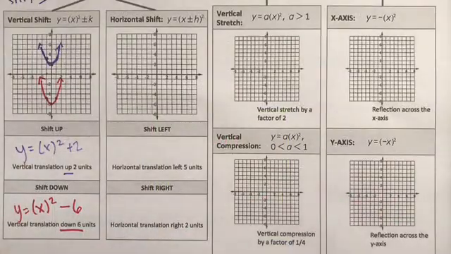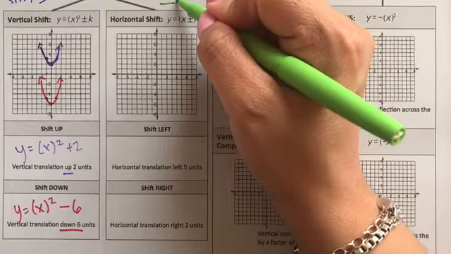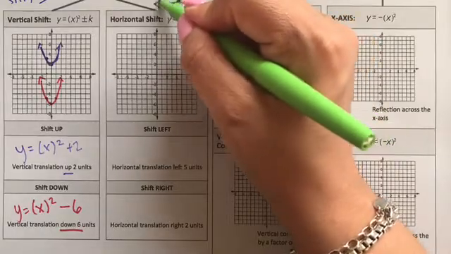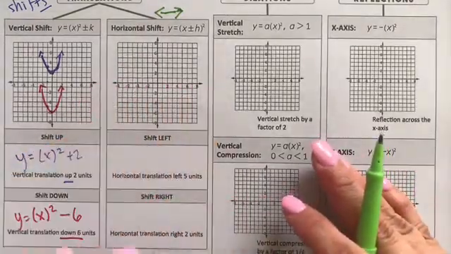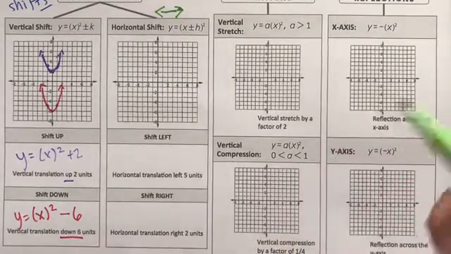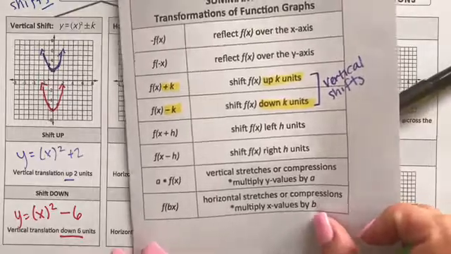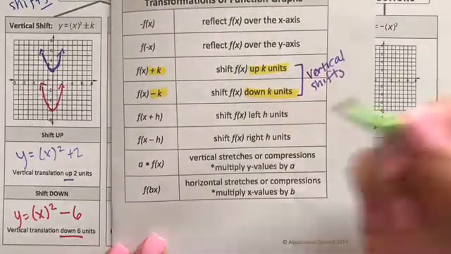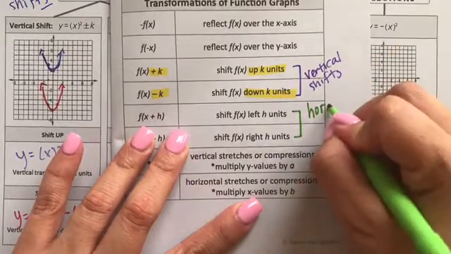Now let's go ahead and look at a horizontal shift. A horizontal shift is going to go left to right, so it's going to be a shift on the x-axis. Let's look at our summary chart. These are going to be horizontal shifts.